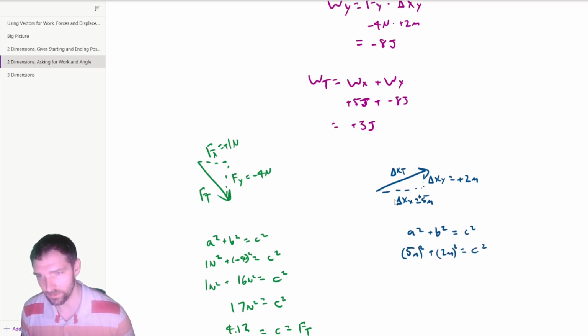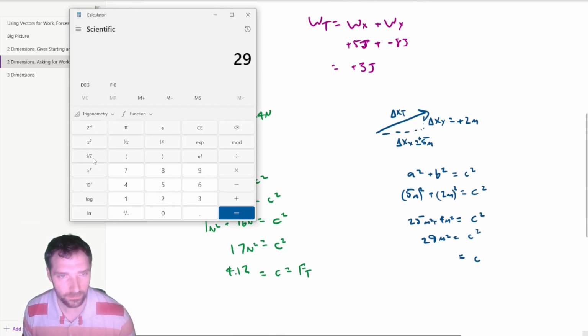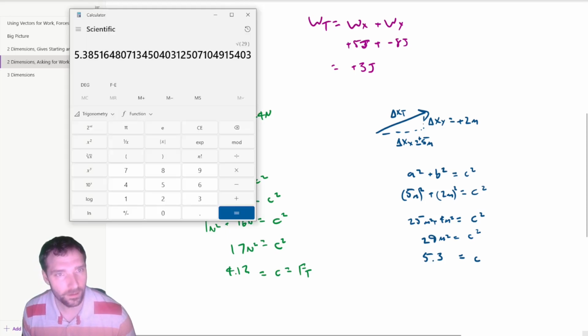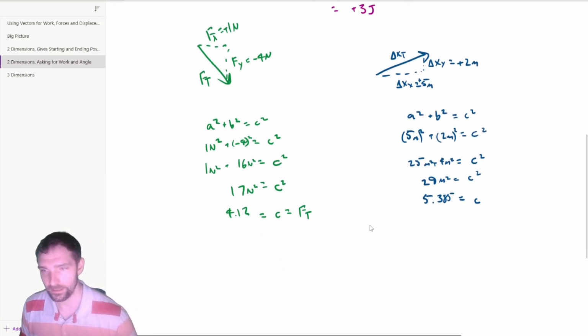And that should be equal to our c squared. So our c squared now is 25 plus 4, so we get 29 meters squared. And then we can isolate for c. If we do the square root of 29, we get 5.385. And that is now going to be our displacement total.